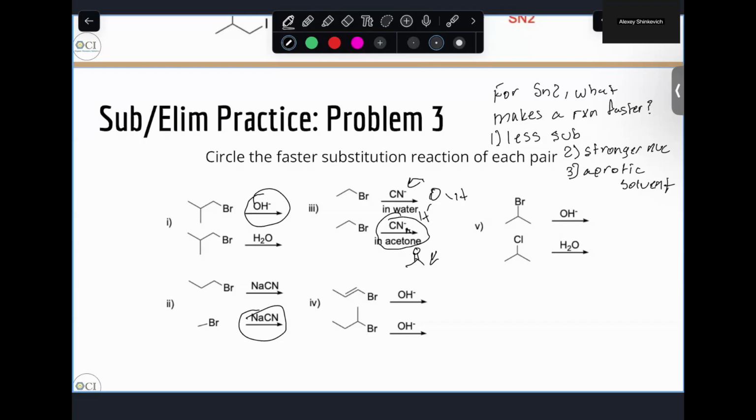Top one. It is the bottom one. How come it's the bottom one? You know why that's the bottom one? Yeah, so on the top one, if you were to. What were we doing for SN1 or SN2? So SN2 specifically?